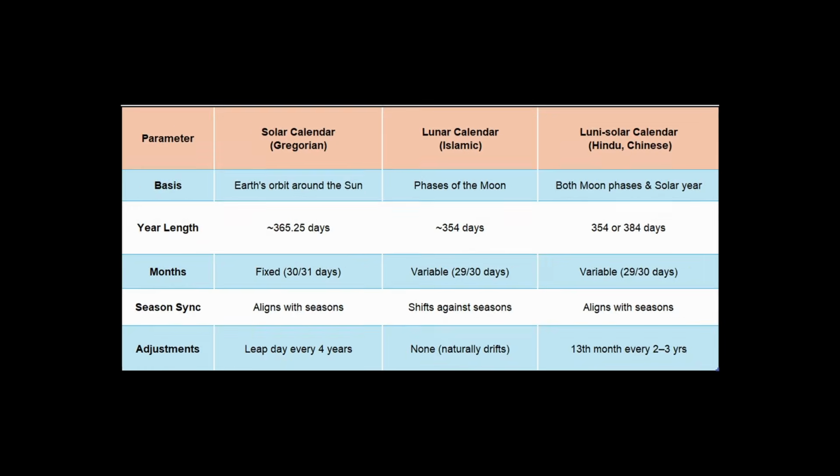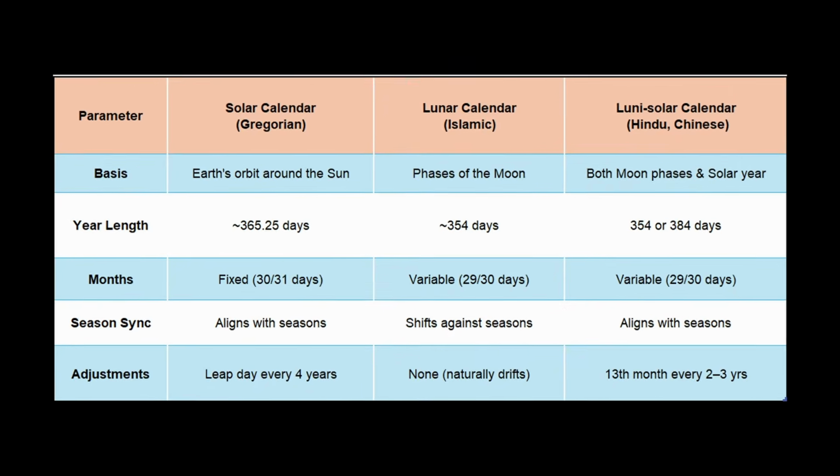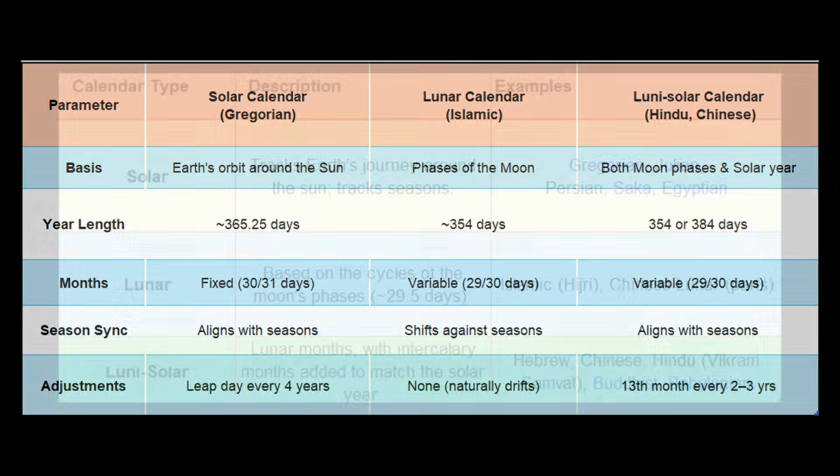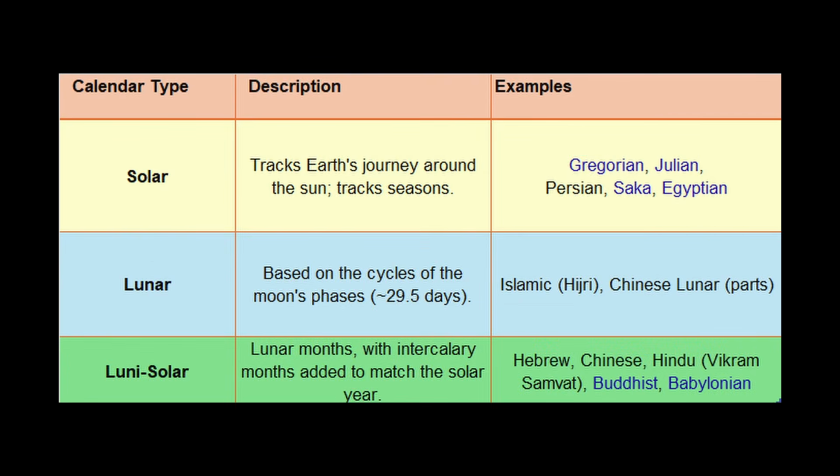Here is the table which compares how these three calendars differ on various points. In this video, we covered calendars from three communities. But there are many communities around the globe which follow these three types to build their own calendar.